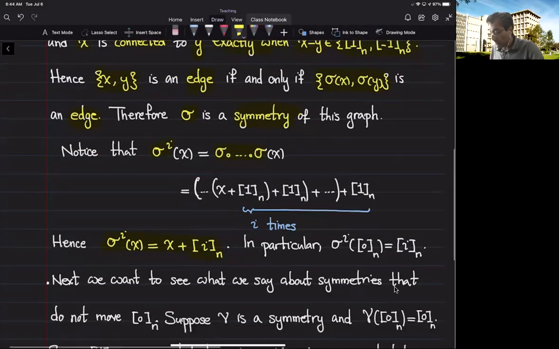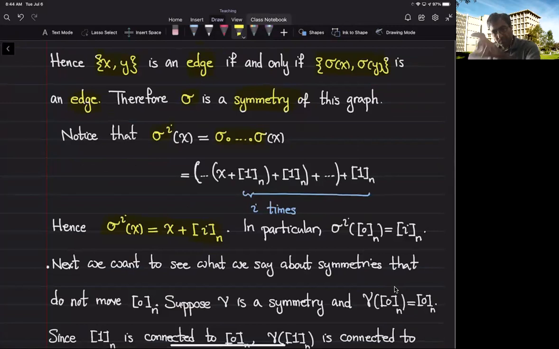In particular, when I apply this to the first vertex, the residue class of 0, I end up getting the ith residue class, the residue class of I. That's exactly our initial claim, that we can send every vertex to any other vertex. We can send the vertex labeled by the residue class of 0 to an arbitrary vertex labeled by the residue class of I for an arbitrary integer I.